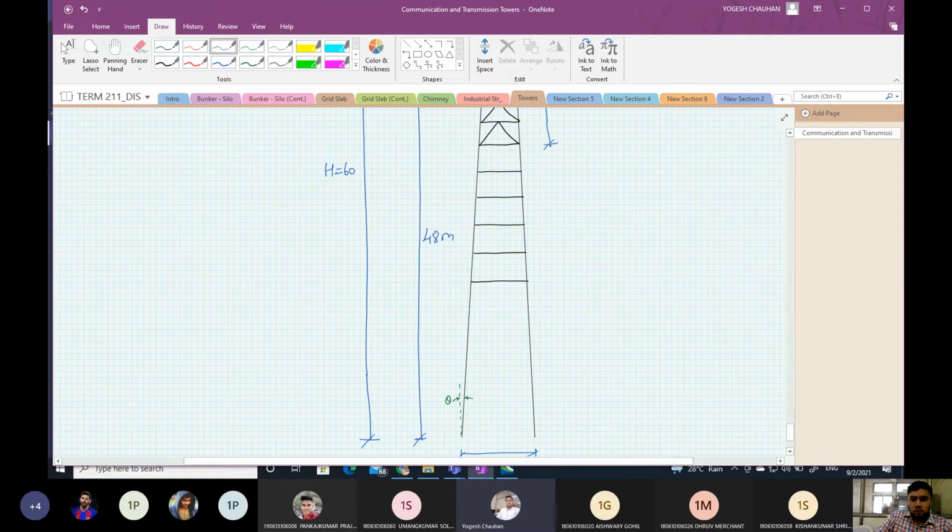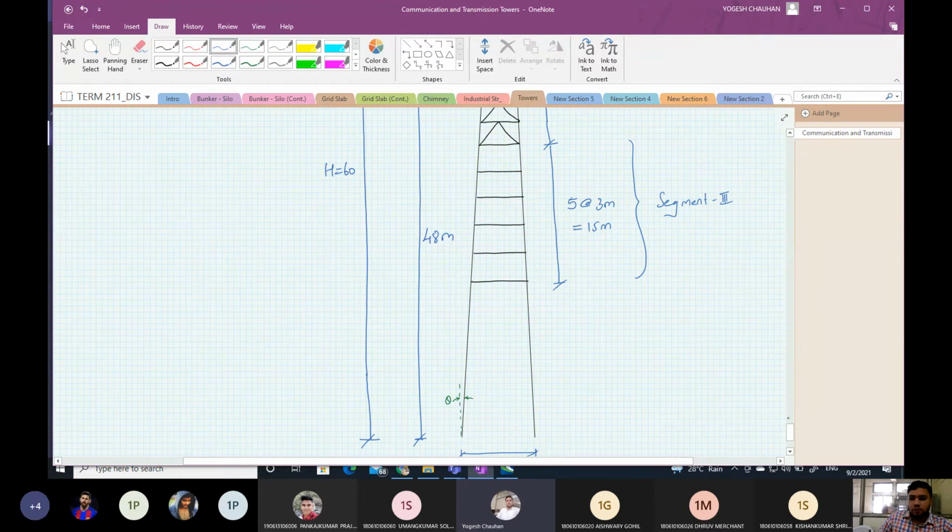These are 5 panels at a spacing of 3 meter, so the total will be 15 meter. This is a segment of type 3.